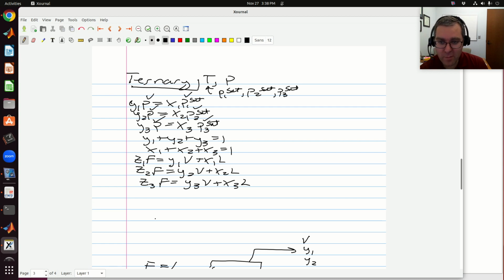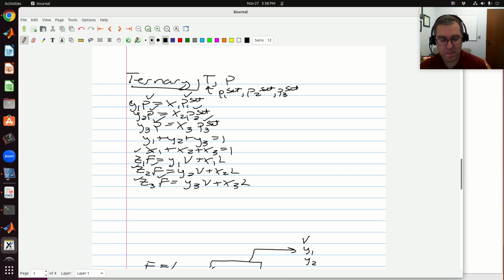So when I add my 3 mass balances, my Z's are known, and if I take F to be known as my basis, I have 3 equations with 2 additional unknowns, V and L. So now I end up with a system of 8 equations with 8 unknowns: Y1, Y2, Y3, X1, X2, X3, V, and L.